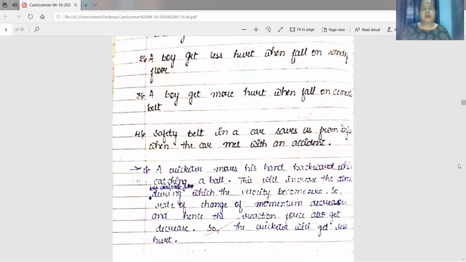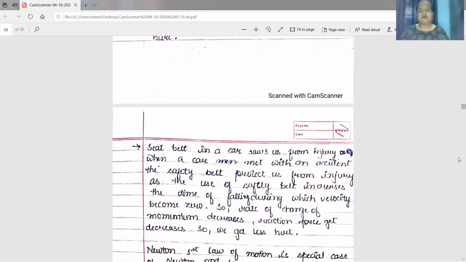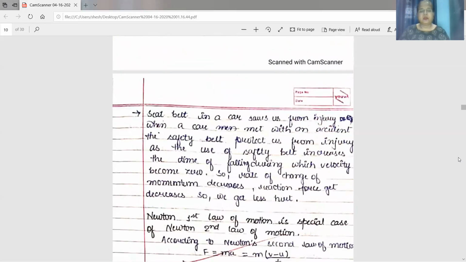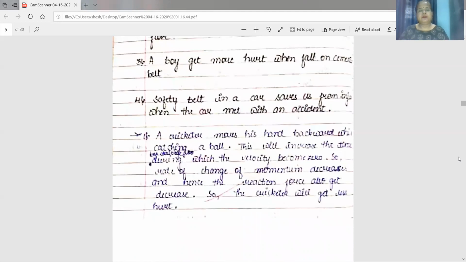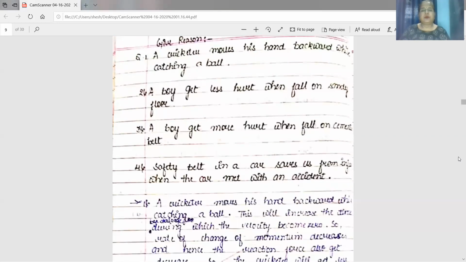Second one, a boy gets less hurt when he falls on the sandy floor. When a boy falls on the sandy floor, what will happen? This answer you have to write on your own. The time of fall during which the velocity becomes zero will increase.